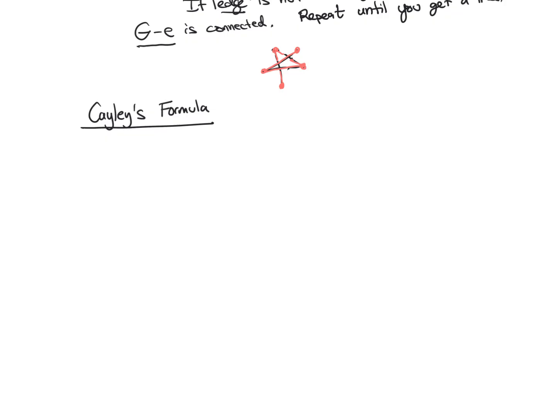There's not usually a nice formula, or not as nice as this one, but Cayley's formula says that the number of spanning trees on the complete graph Kn is n to the n minus 2. So you should think this is really large.